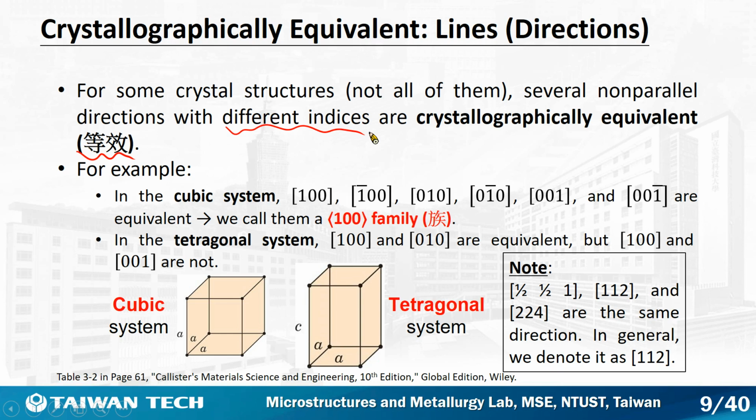For example, in the cubic system, we could write down these point indices. You can see that 100 and minus 100, actually they are for a different direction. So as you can see here, 100 is this one, and minus 100 is this direction.